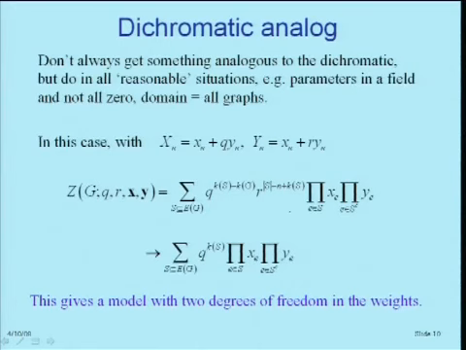Dividing is just good. You're constrained on your loop values, but this constraint means that those 3 equations are immediately satisfied. And you get something that looks exactly like a dichromatic polynomial. But here you do get 2 degrees of freedom in the weights.